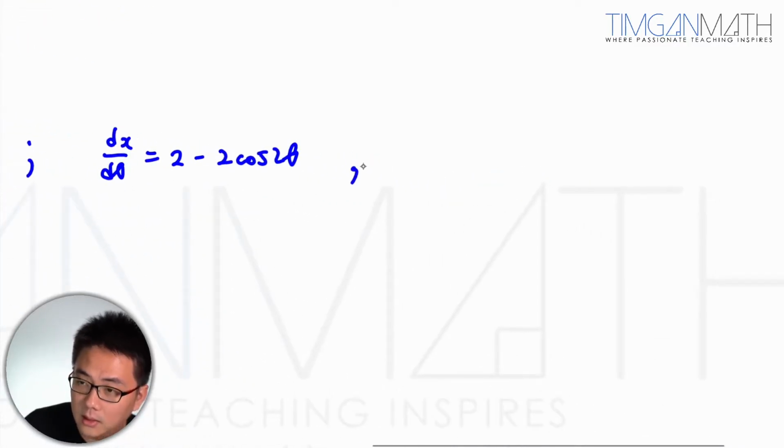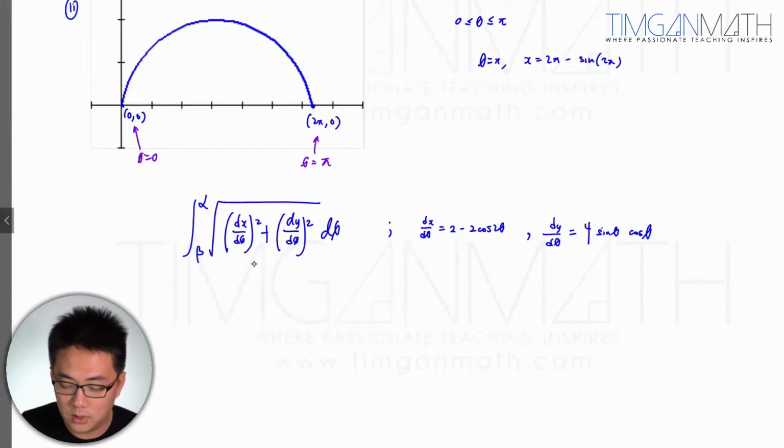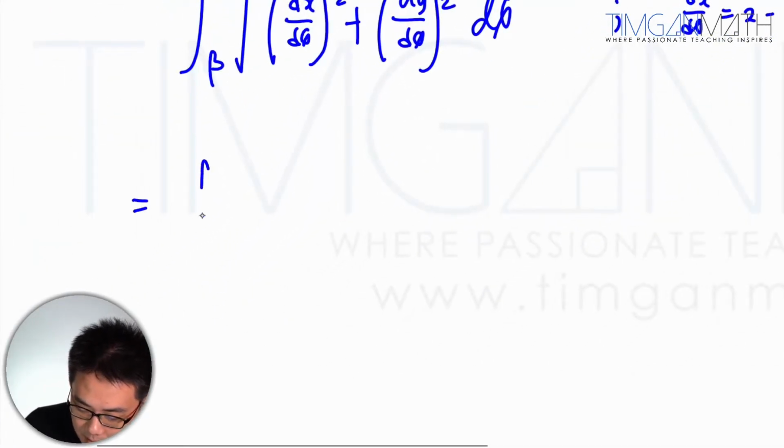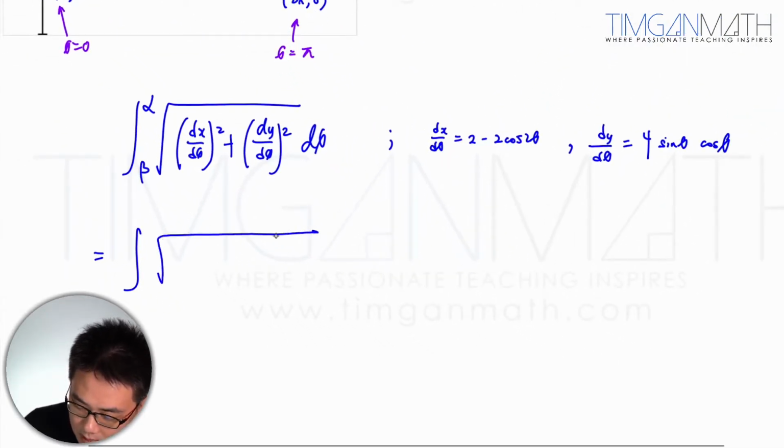Then dy/d theta will be 4 sine theta cosine theta. That's pretty okay. So just put into this expression here. We're going to get the square root of (2 minus 2 cos 2 theta) squared plus (4 sine theta cosine theta) squared.